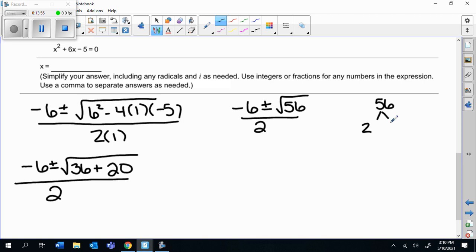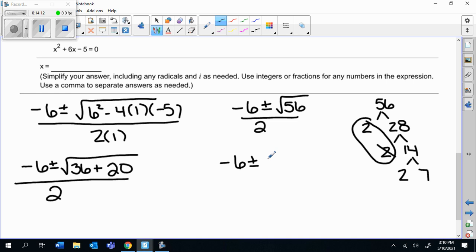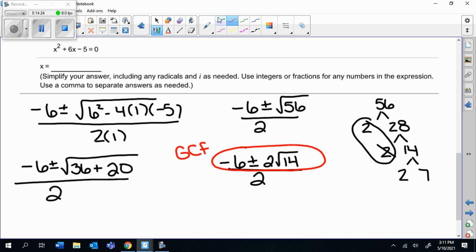So now we're going to come over here and break down that 56. We have a pair of 2's. We're only going to have one pair of 2's. So simplify that radical. One guy kind of cancels. So -6 plus or minus 2 radical 14 over 2. I can factor out a GCF of 2 out of that numerator.